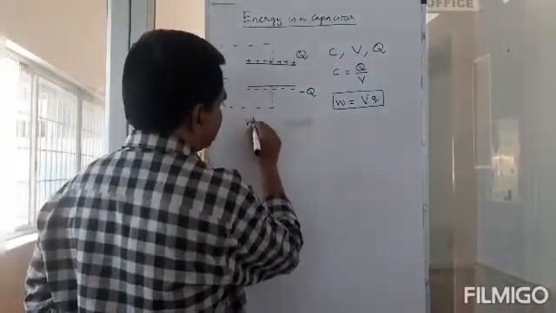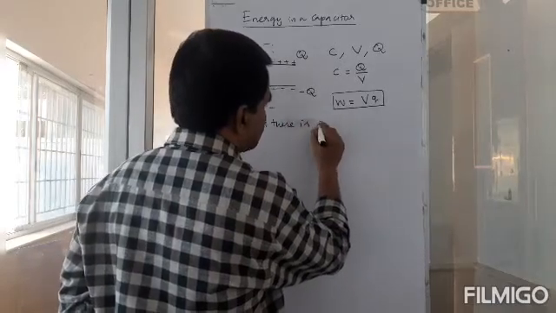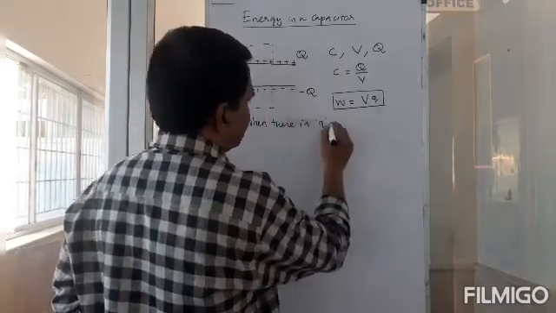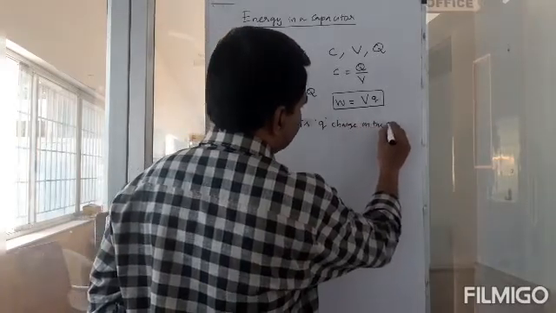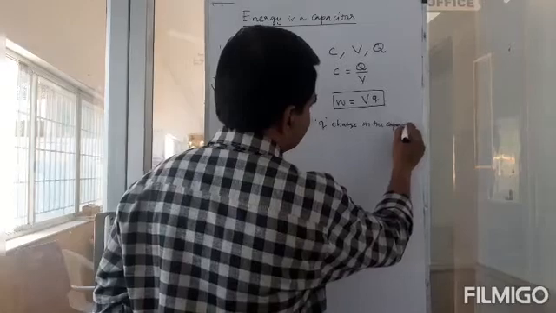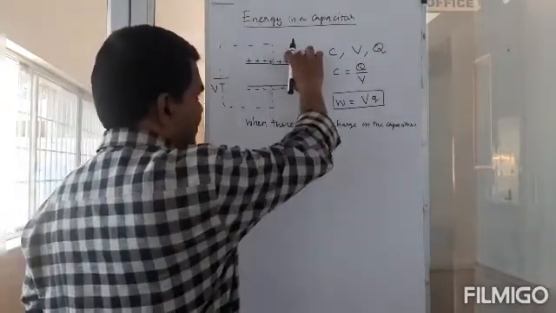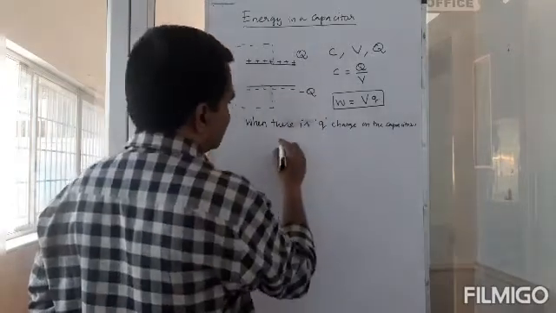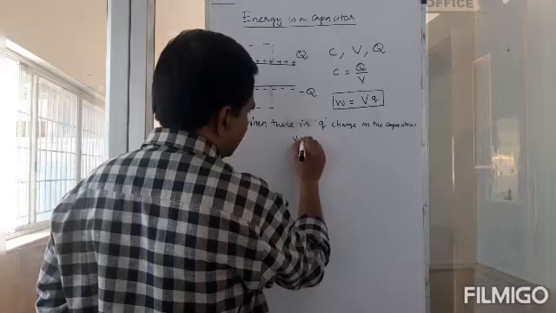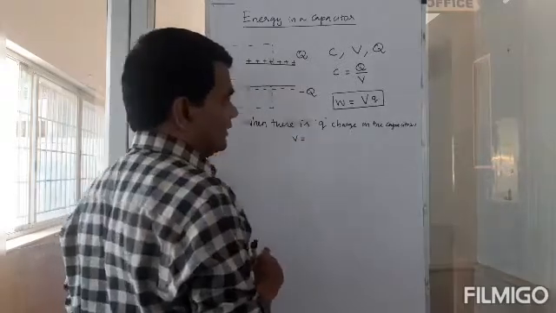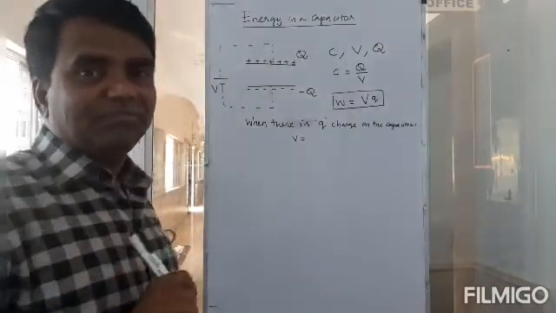When there is small q charge on the capacitor, the potential difference across the plates is going to be equal to, what would that be?